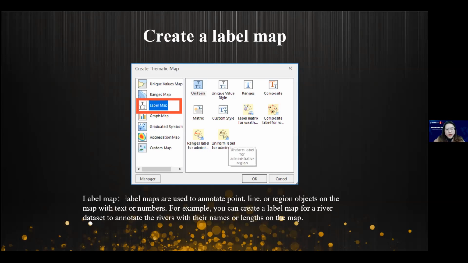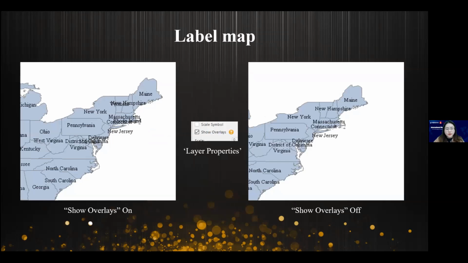Label maps are used to create point, line, or region objects on the map with text or numbers. For example, I can create a label map for a river dataset to see the rivers with their names or lengths on the map. So I will create a label map for our state dataset.